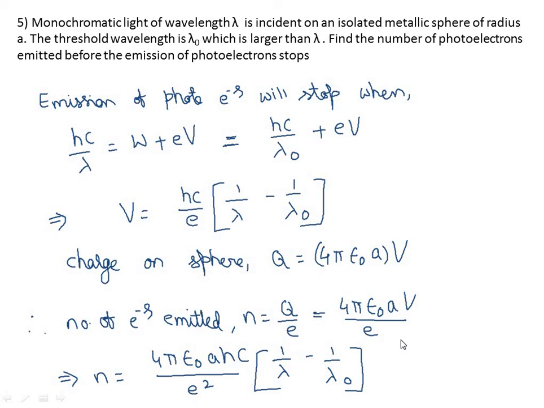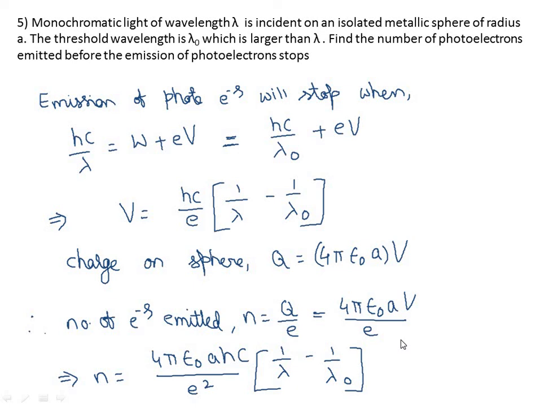If the potential of the sphere is raised to V, the electron should have a minimum energy of W plus eV, where W is the work function, and eV is for that potential and the charge. So that must be the minimum energy that the electron should possess, so that the electron can come out.